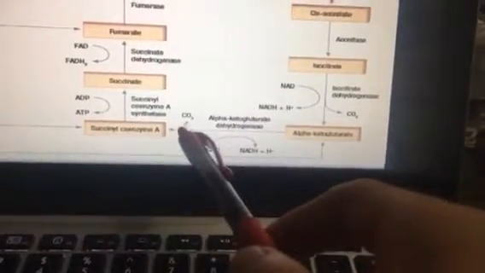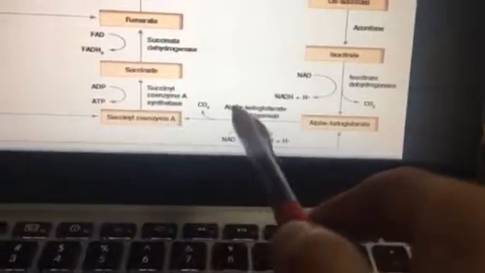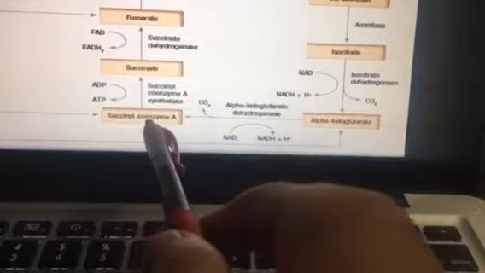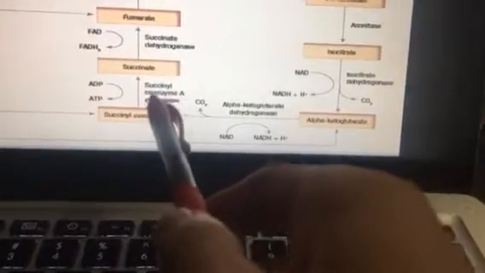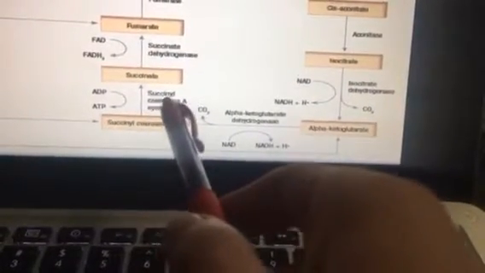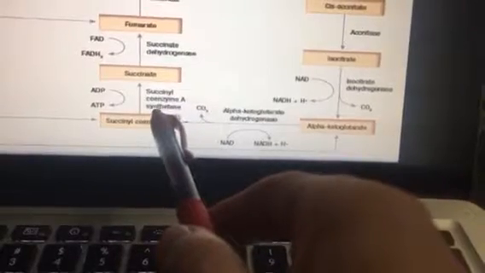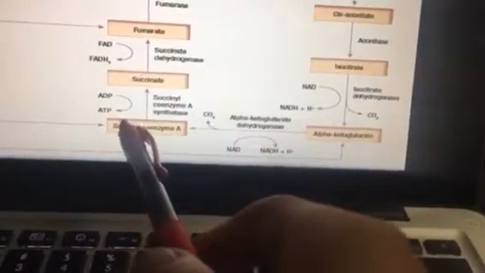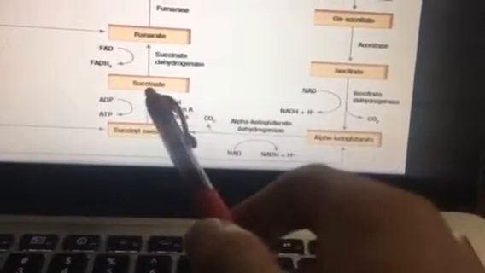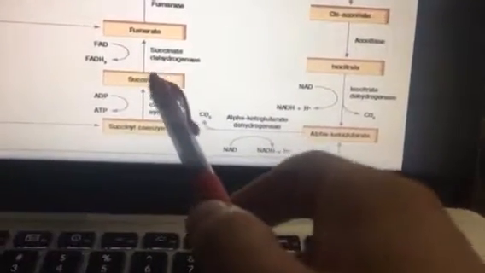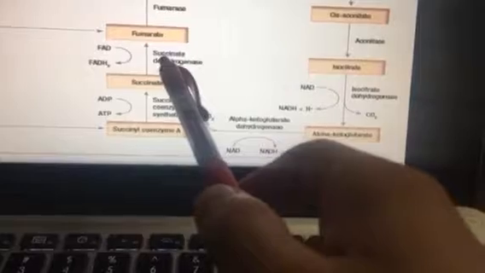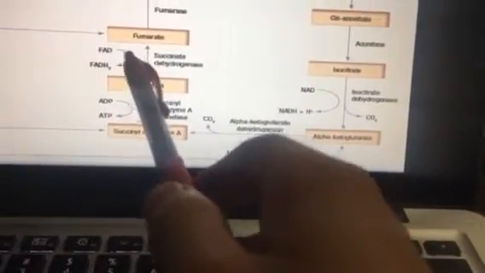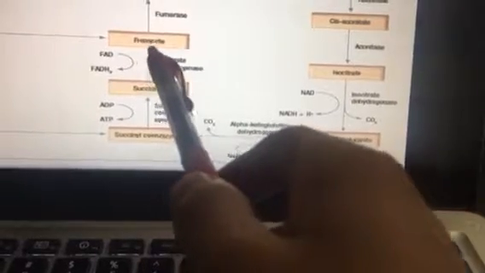Then it is catalyzed into succinyl coenzyme A, then with succinyl coenzyme A synthetase, with a byproduct of ADP and ATP. Then succinate is catalyzed by succinate dehydrogenase with another byproduct here into fumarate.